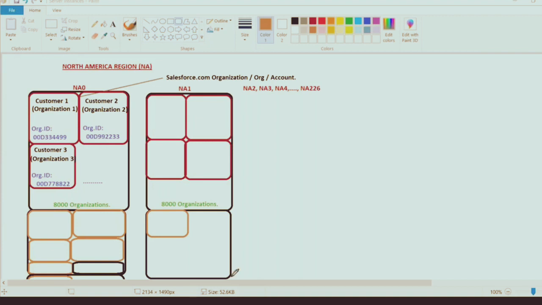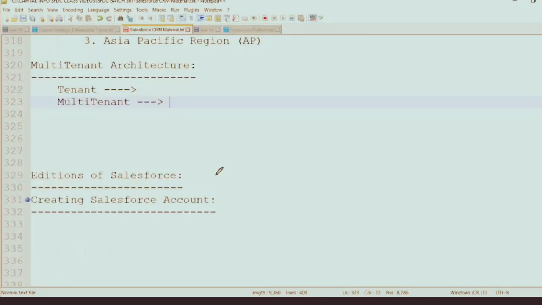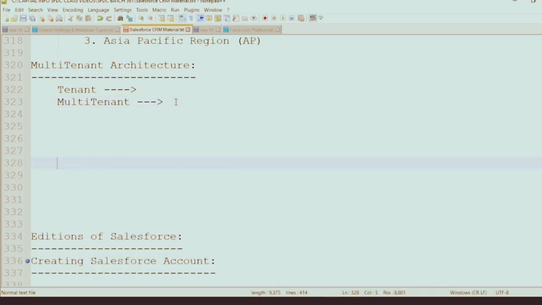Okay, now, when coming to multi-tenant architecture, it provides various benefits. What are those benefits offered by multi-tenant architecture? Now let's see one by one. Okay, now make a note of this one.